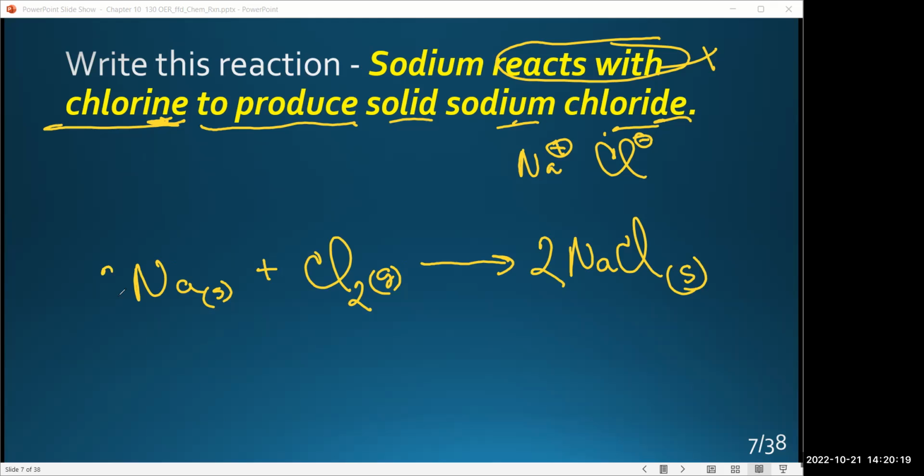Come to the reactant side and put a 2 in front of sodium. Now I have a balanced chemical reaction. And this reaction is a 2-to-1 ratio between the sodium and the chlorine. Okay, so it takes two atoms of sodium to react with 1 molecule of chlorine to give us 2 molecules of sodium chloride, aka table salt.